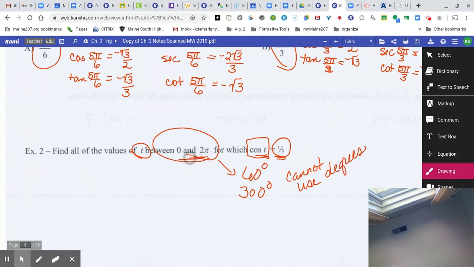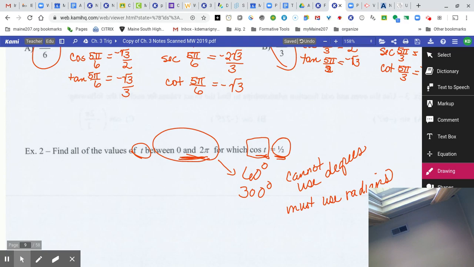You must use radians. You can't switch and use them interchangeably. If they're asking you between 0 and 2 pi, then you have to use radians. If they're asking you between 0 and 360, then you use degrees.